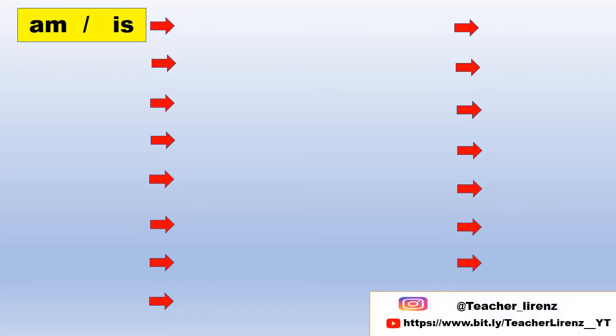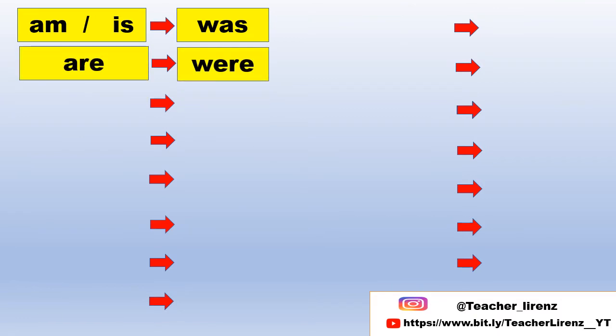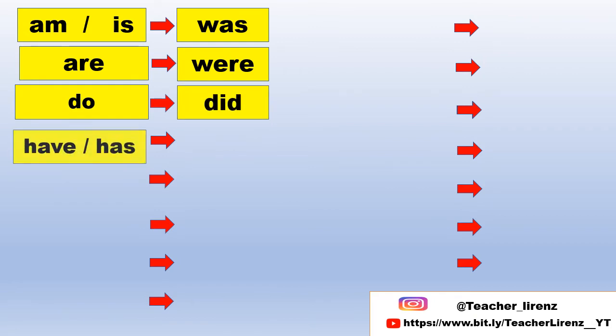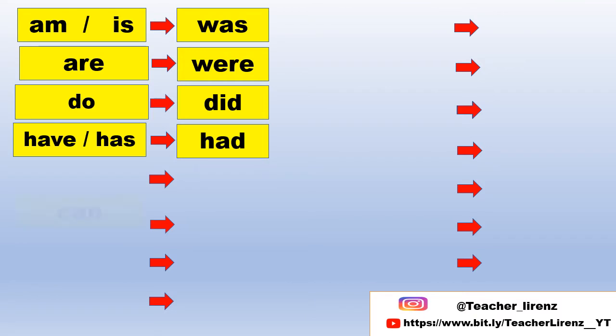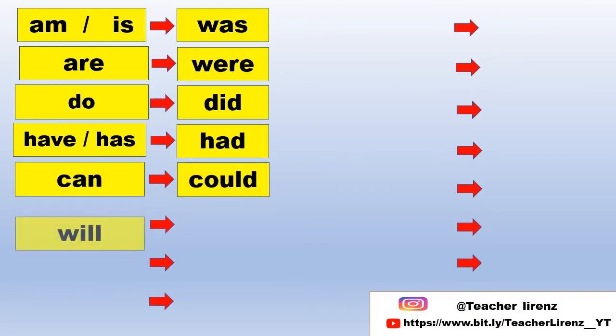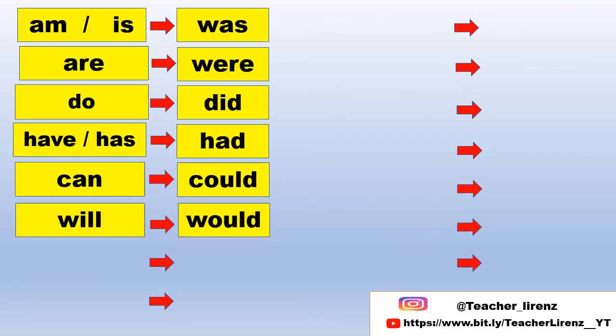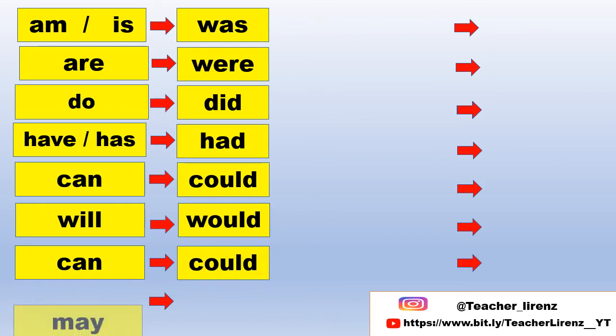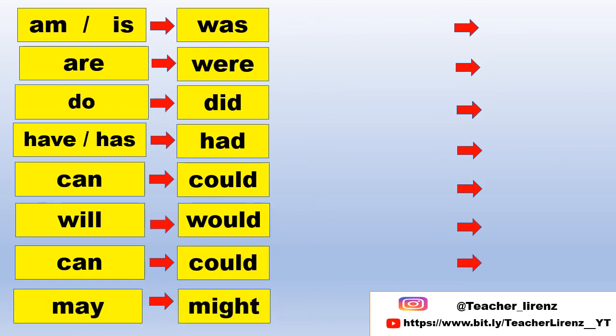Am, is become was. Are, were. Do, did. Have or has become had. Can, could. Will, would. May, might.